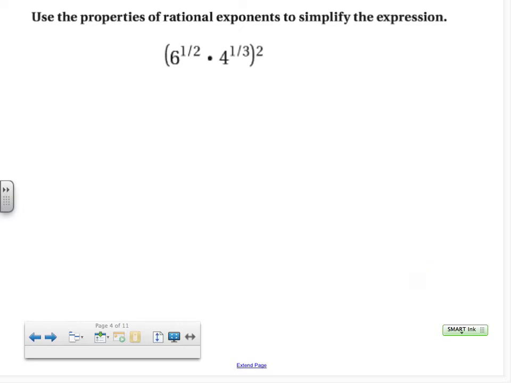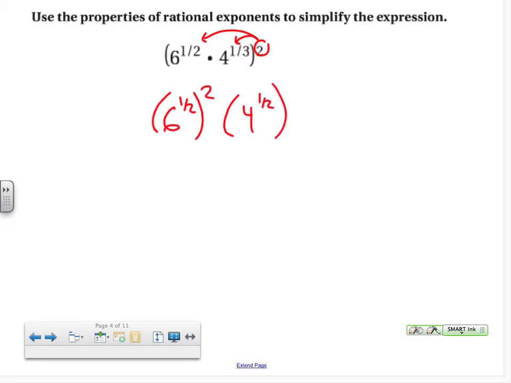So here we have a multiplication problem with an exponent. I'm going to take that exponent and apply it to both pieces of the multiplication. So we're going to have 6 to the 1/2 squared and 4 to the 1/3 squared. Now after we've applied it, we've got a power to a power, power to a power.